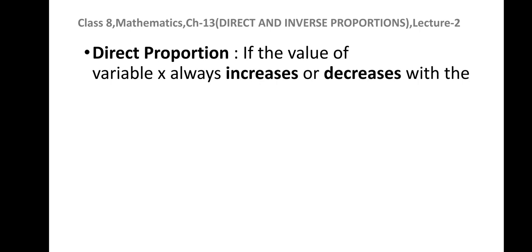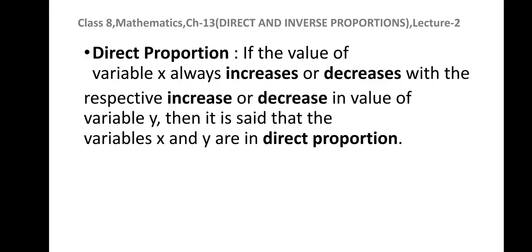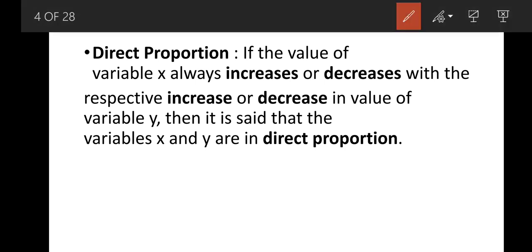Now, coming to direct proportion or direct variation, what is direct proportion? If the value of variable x always increases or decreases with the respective increase or decrease in the value of variable y, then it is said that the variables x and y are in direct proportion.